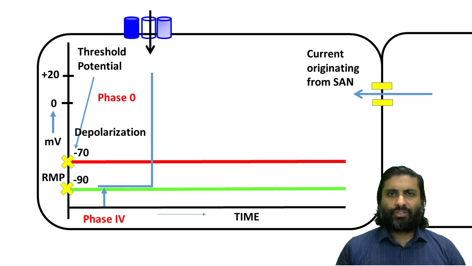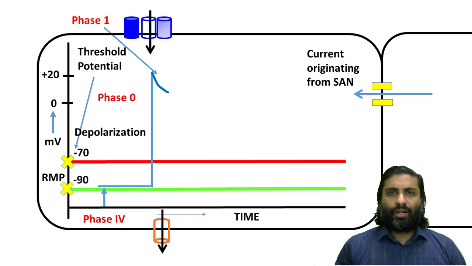Meanwhile, potassium channels open, allowing potassium to leave the cell. This causes the action potential to dip. And this phase of the action potential is referred to as phase 1 of the action potential.